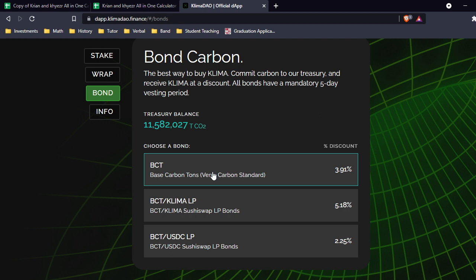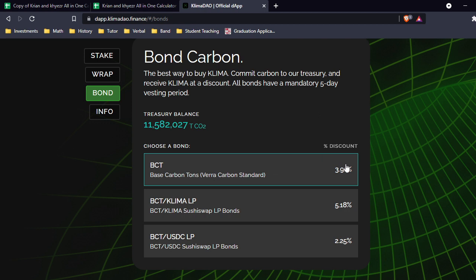So a bond is when you give the protocol BCT up front, and then in return you will receive Klima proportional to the amount of BCT you provided over a 5-day vesting period. And that vesting period gives you Klima at a linear rate, a constant rate over 5 days.